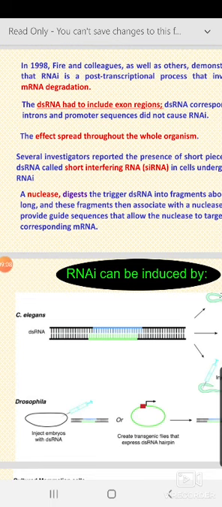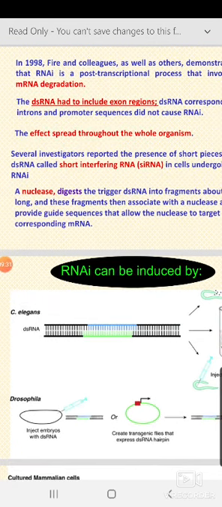In between the process, scientists have observed that some small double-stranded RNAs are forming. Where they come from we will see, but they are referred to as siRNA, the short interfering RNA. So in between this mechanism, some small short interfering RNA is synthesized, named siRNA.